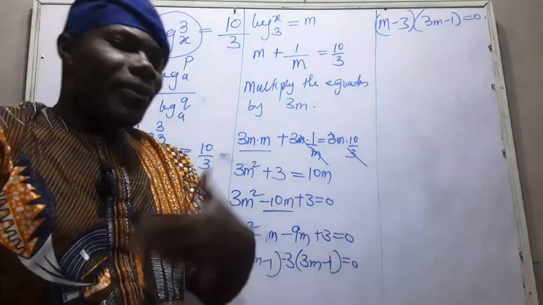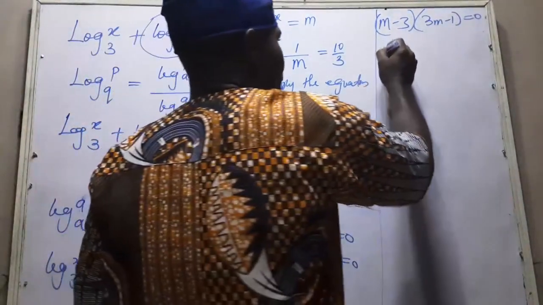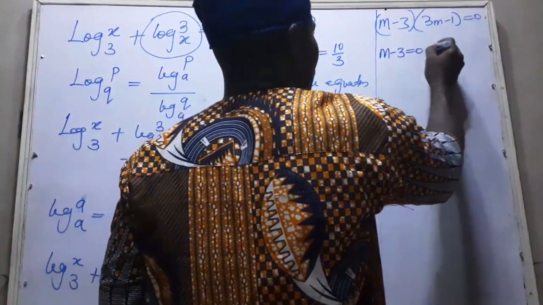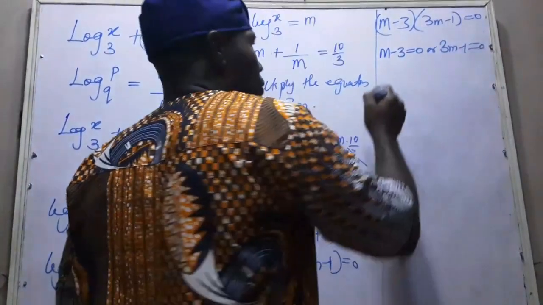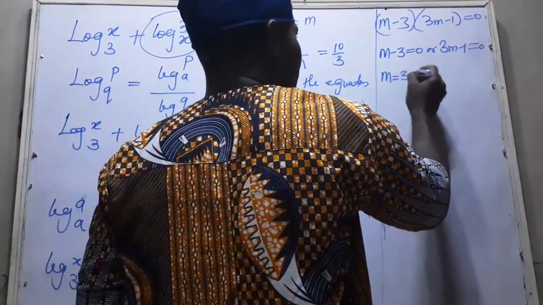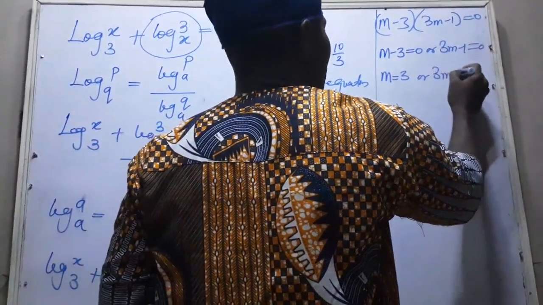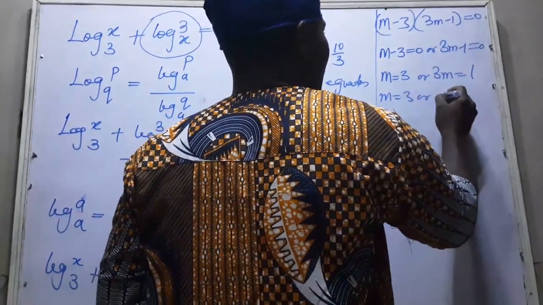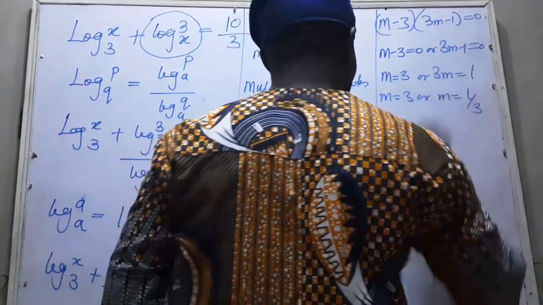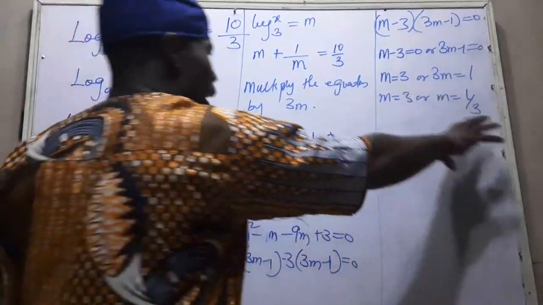So we have the right to write m minus 3 is equal to 0 or 3m minus 1 is equal to 0. Therefore m is equal to 3 or 3m is equal to 1, so m is equal to 1 over 3. This is the value of m.